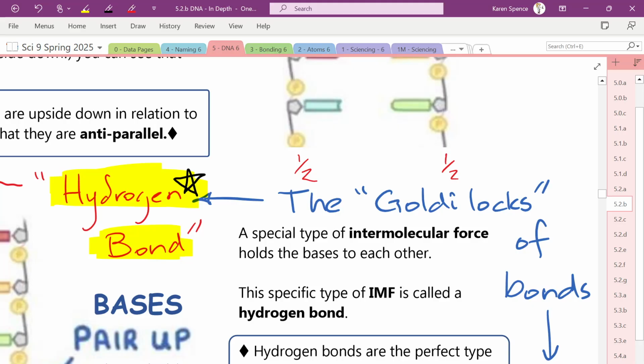Okay, so you know that the porridge is either too hot or too cold or just right. In this case, the hydrogen bond is neither too strong nor too weak, but it is just right. Okay? It is an intermolecular force, if you remember that term from before.